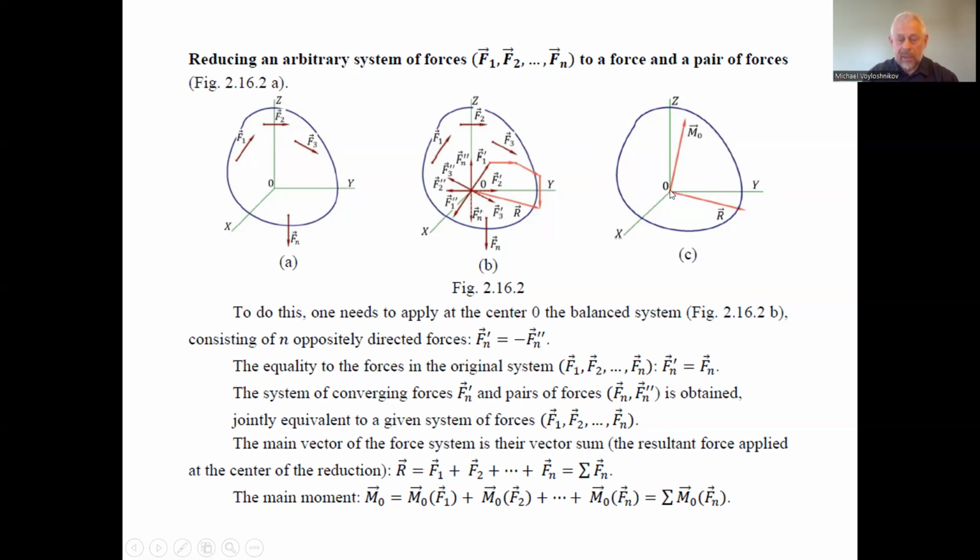The point of the reduction is the reference point, a definite one, considered as the origin of the Cartesian coordinate system, and the rotating moments from the first assigned force, second, etc., and the nth assigned force. So we have the resulting moment as the total of all forces' relative action rotating the body around the point of reduction of the forces. And we have the resultant force applied to the same point, the point 0.